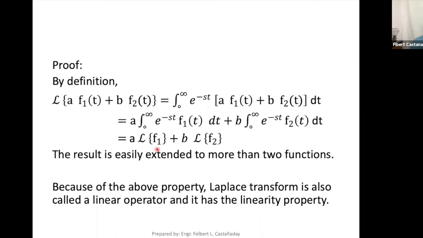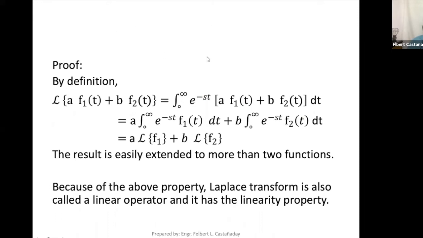The result is easily extended to more than two functions. So it's not limited to two terms. It may be three or more terms. Because of this property, the Laplace transform is also known as a linear operator, and it has the linearity property.